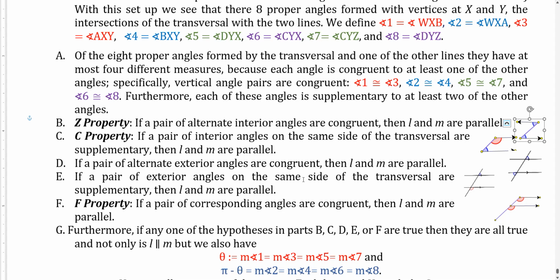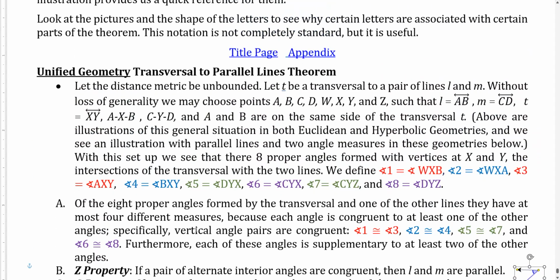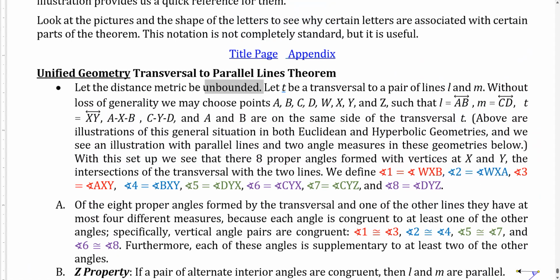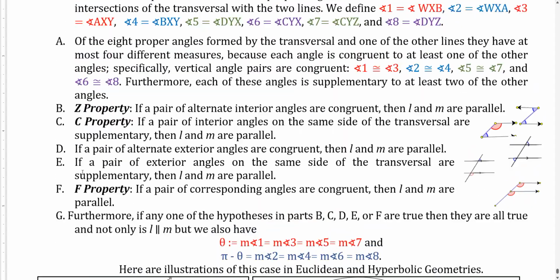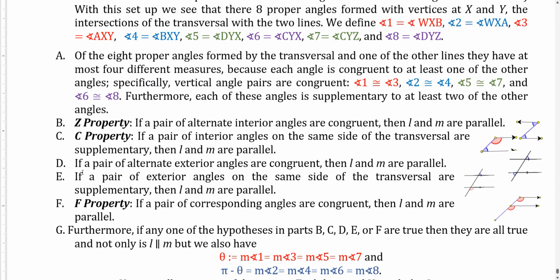In Euclidean and hyperbolic geometry, right here, the first thing says let the distance metric be unbounded. That eliminates spherical geometry from our conversation. Again, remember, there are no parallel lines in spherical geometry.